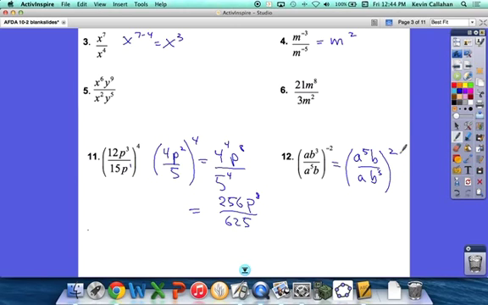Okay, and now you can simplify that. A to the 5th over a is a to the 4th, b over b to the 3rd, b to the negative 2, which means divide by b squared. So that would be a to the 4th over b squared, squared, which is a to the 8th, b to the 4th.